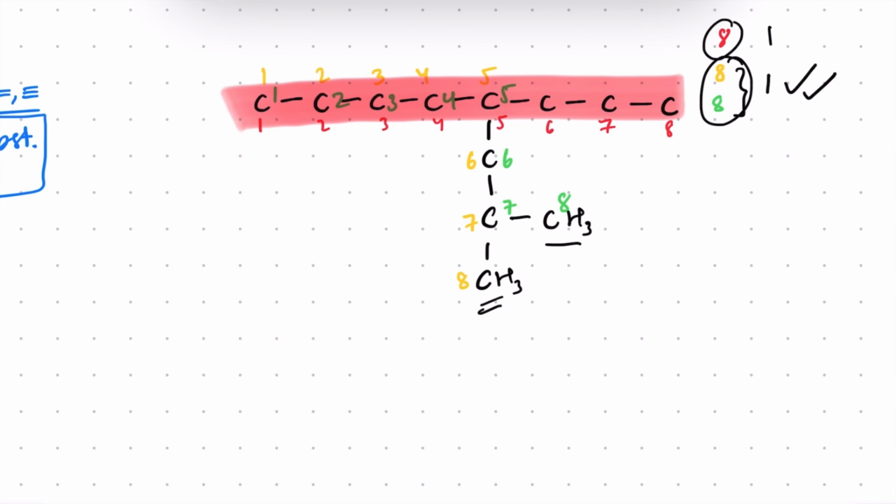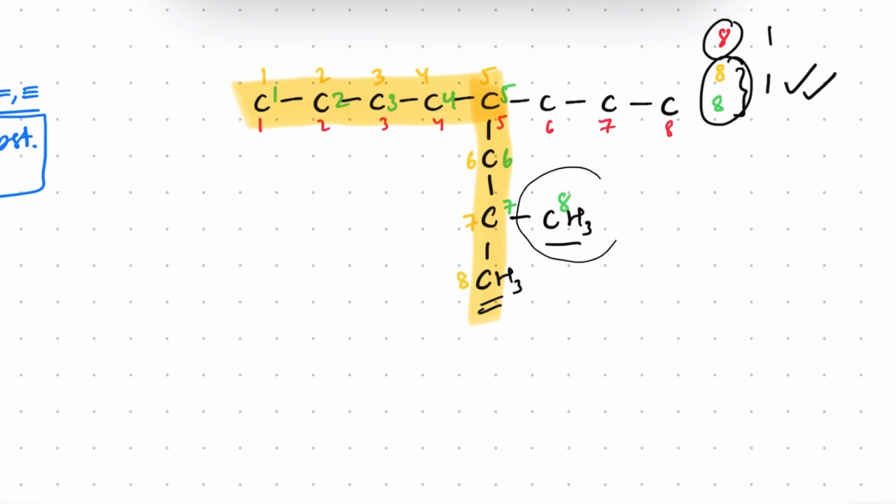Now, if we were to go with the yellow chain, let's see. With the yellow chain, which is this, straight down, you'll see that there's one substituent here and one substituent here. Now, if there are more substituents, that means there's more branching.